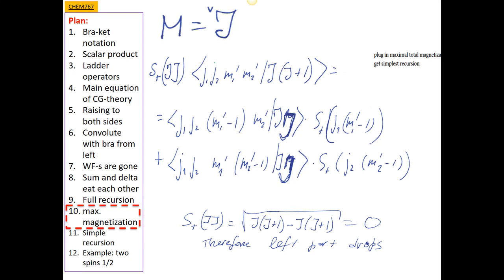So here we are looking only at a smaller subset of Clebsch-Gordan coefficients, but this will help you to complete the homework.